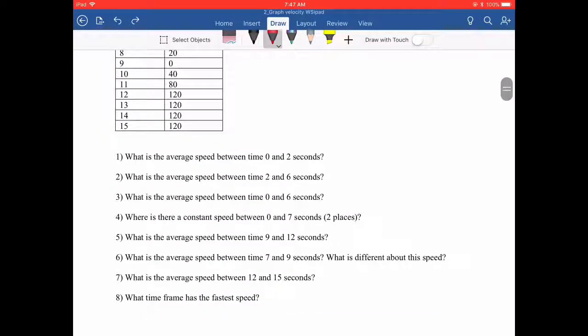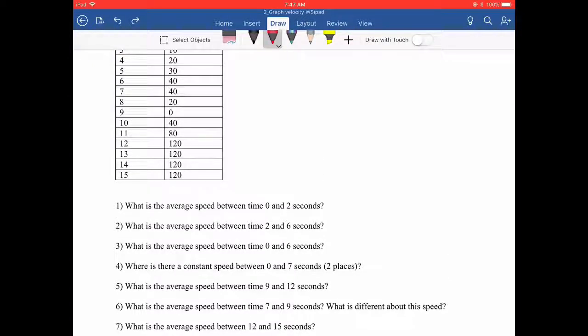For 9 and 12, it says, what is the average speed between 9 and 12? Well, between 9 and 12, that's a difference of 3 seconds. So it's easy to do the time first. And it's going from 0 to 120. So that's going to be 40 feet per second.